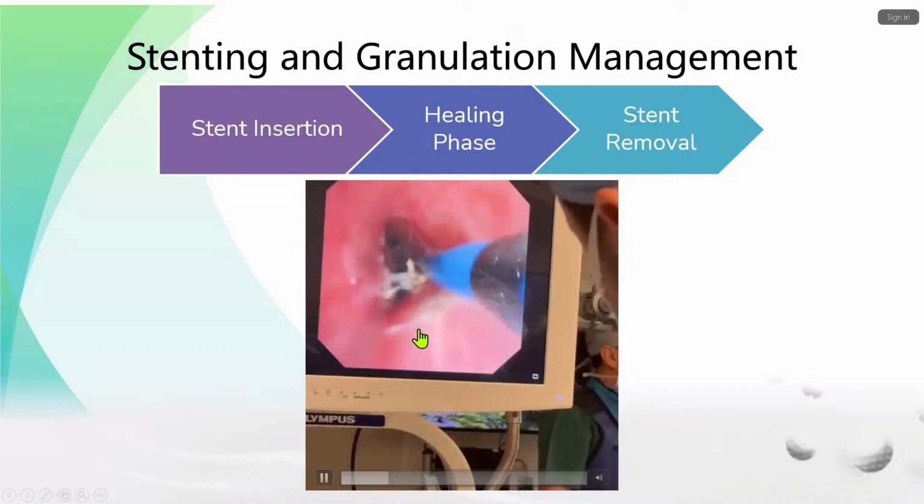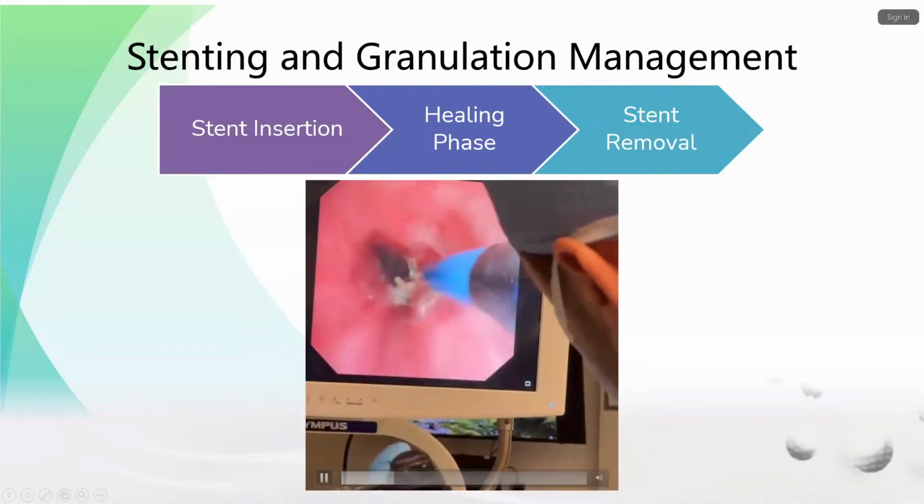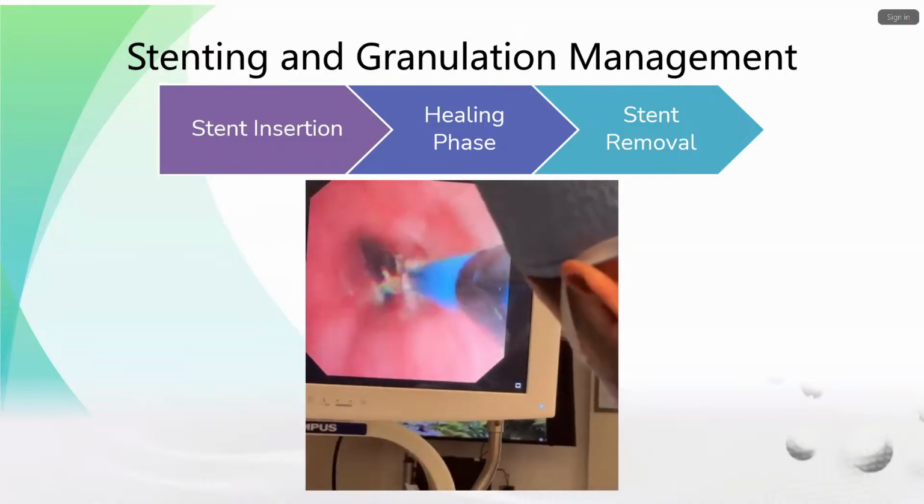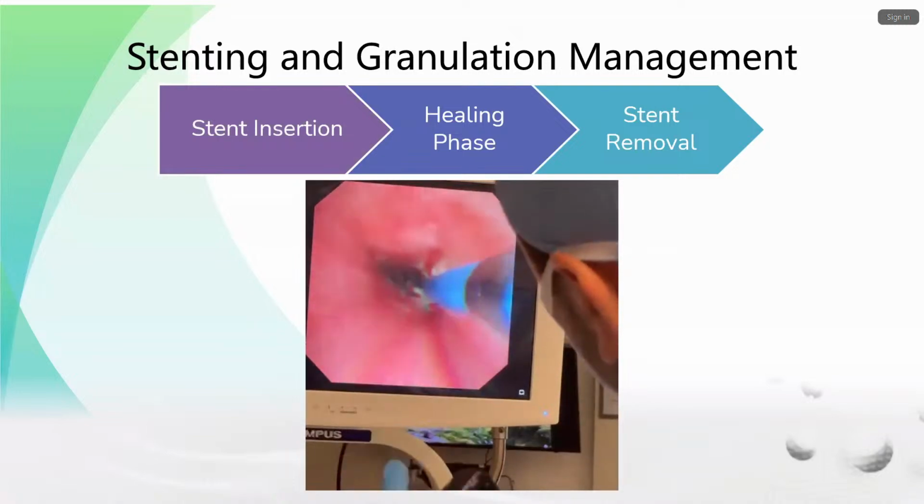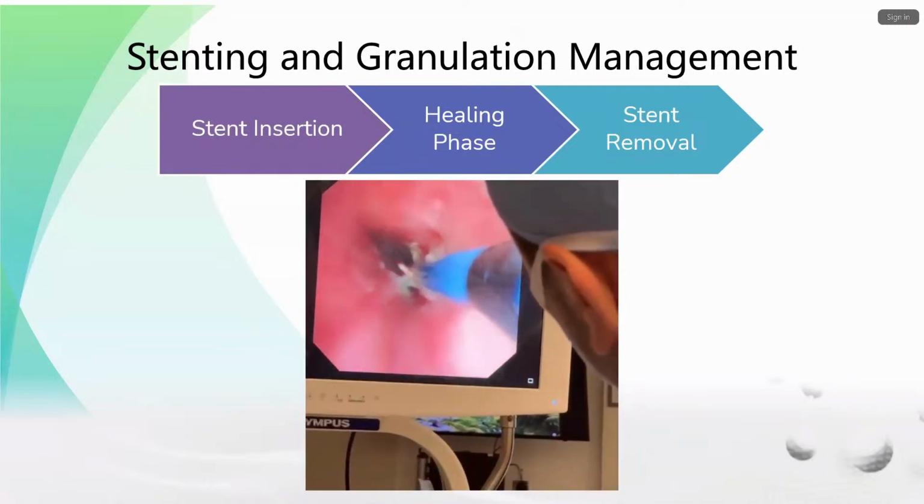And at the same time, we're removing granulation tissue, which visibly expanded the airway lumen.